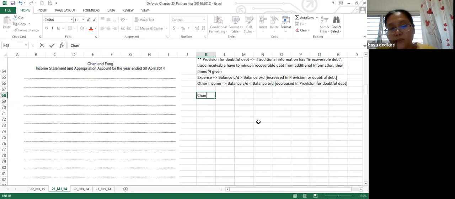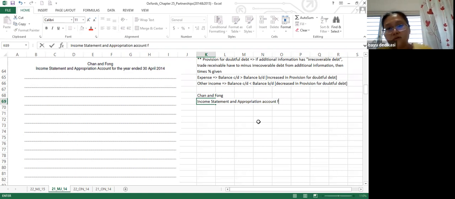Okay, now I put in all the information that we have in this question. Income statement and appropriation account for the year ended 30th April 2014.